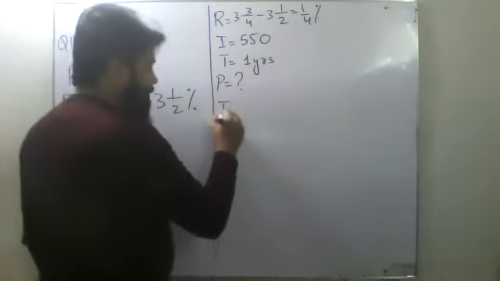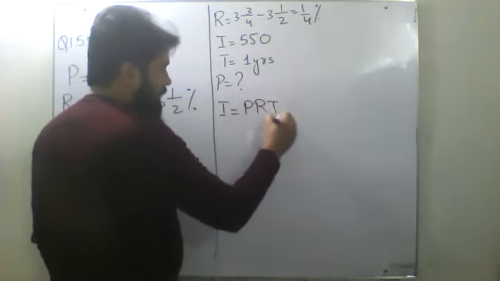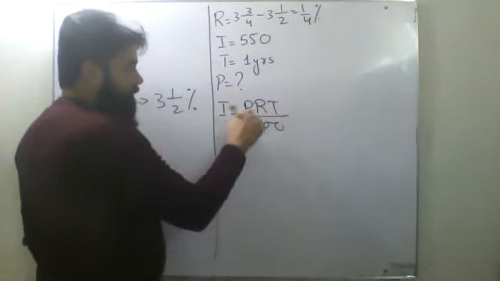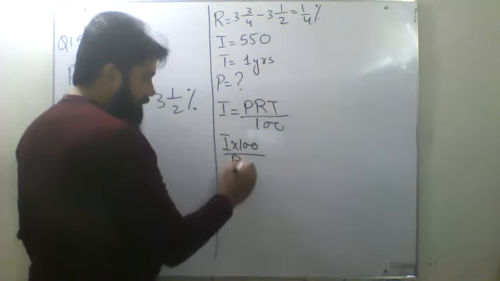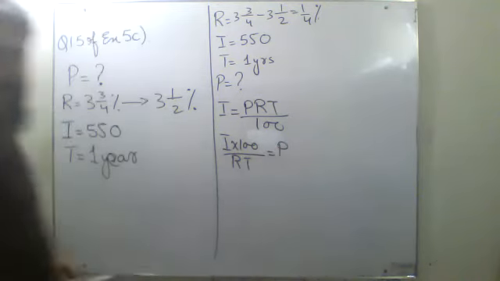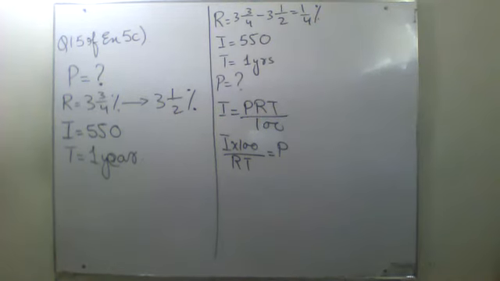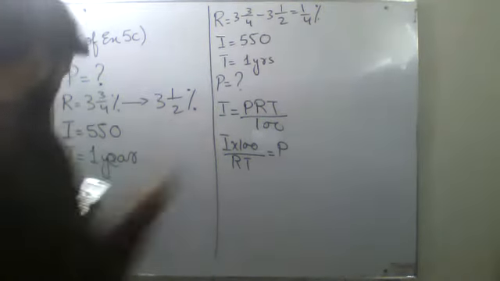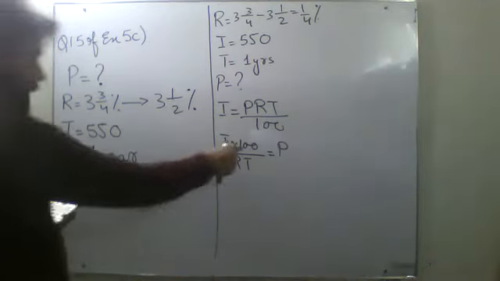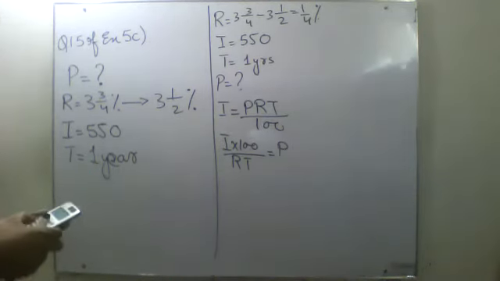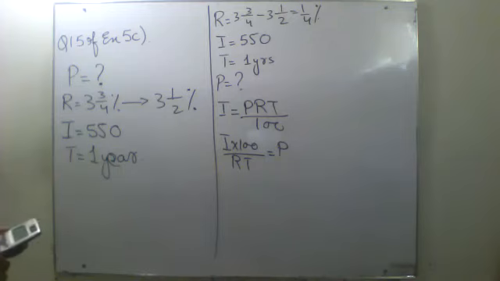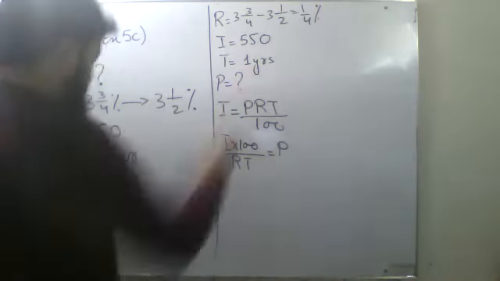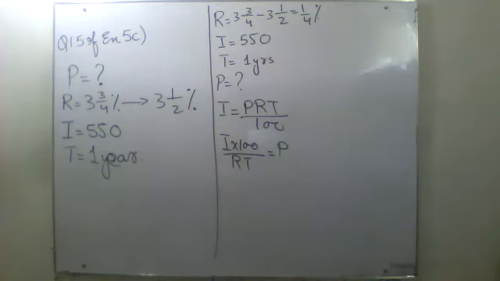Formula: I equals PRT over 100. I have to find P, so P equals I into 100 over RT. Now I'm going to use the calculator. First of all, I is 550 multiplied by 100 divided by the rate. The rate was 1/4, multiplied by time. Oh, I have missed out something.